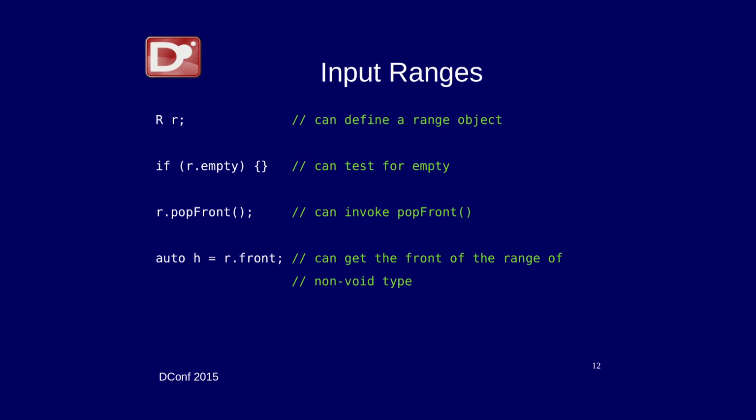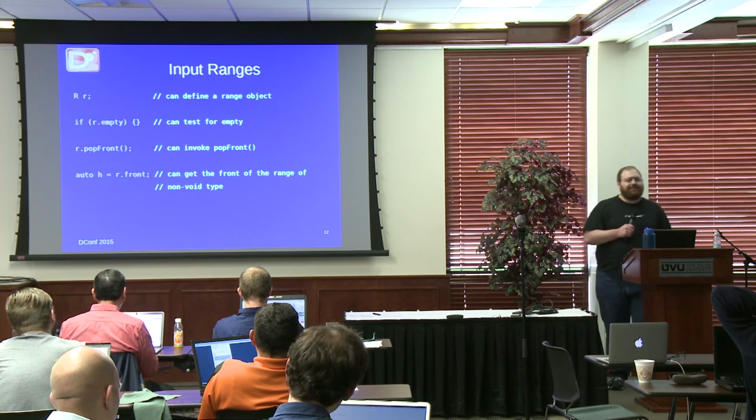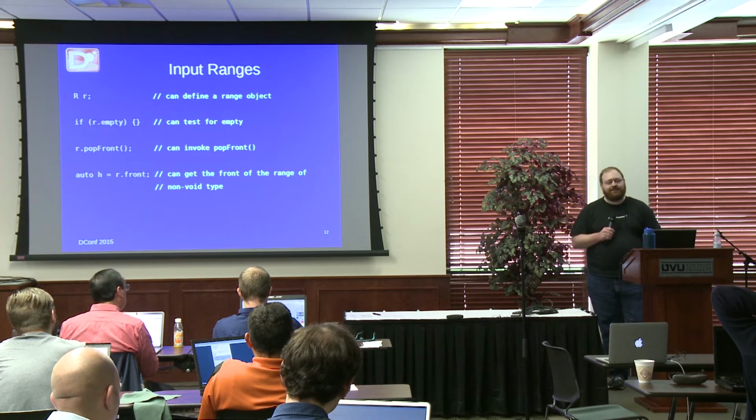It can be implemented as a function. It can be implemented as a variable. It can be implemented as an enum. It just has to compile with this line of code. Now, semantically, what all the code's going to expect is that this tells you whether the range is empty or not, but we can't actually test for semantics here, unfortunately, just the syntax.